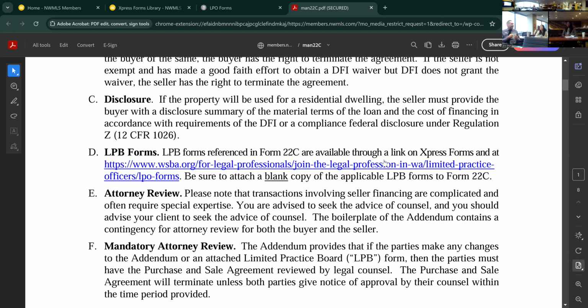Right. Because you guys know, we talk about that form all the time, the 22RA. Attorney review contingency, you can put that in any transaction. Anytime your gut tingles, or you get the spidey sense, and you're like, I'm not liking this, you definitely can use that addendum on anything.